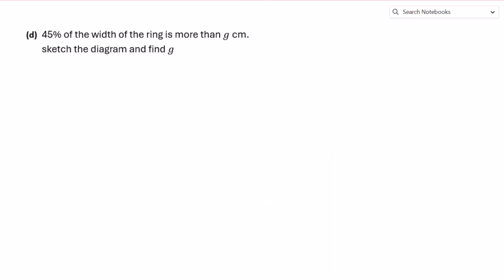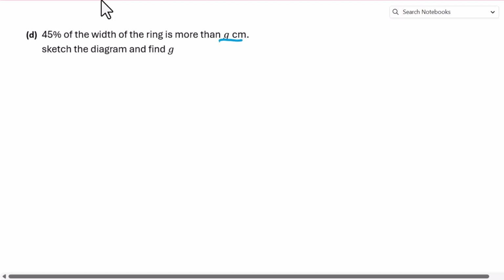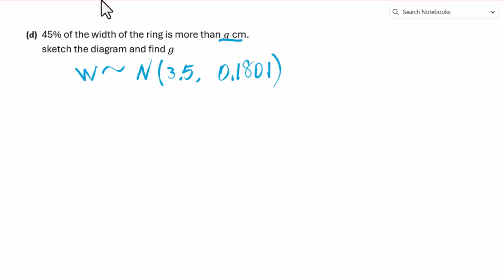Let's go to D. 45% of the width of the ring is more than G centimeters. Sketch the diagram and find G. We already figured out W follows normal distribution with the mean 3.5, variance 0.1801. We are given probability of W greater than G equals 0.45.